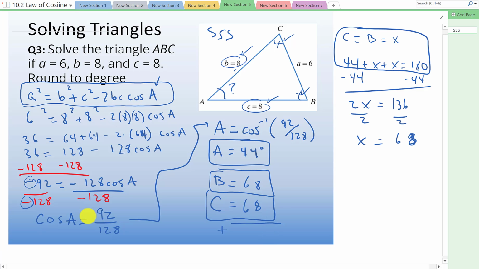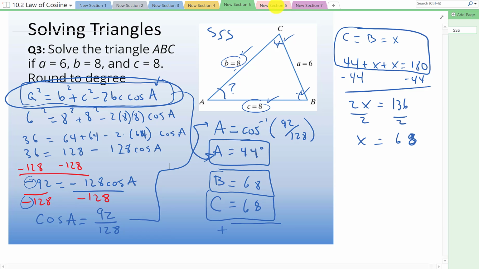These two angles had to be the same because their opposite sides were equal. That's just a little geometry shortcut. Don't get bogged down on that though. The big thing is to be able to use the law of cosine to find an angle or a side. And if you don't know those geometry principles, then just use the law of cosine again.